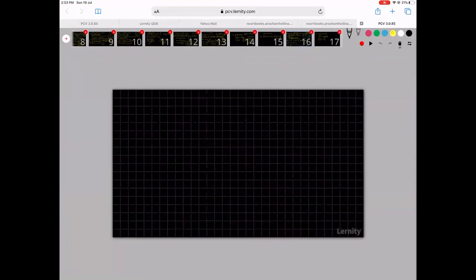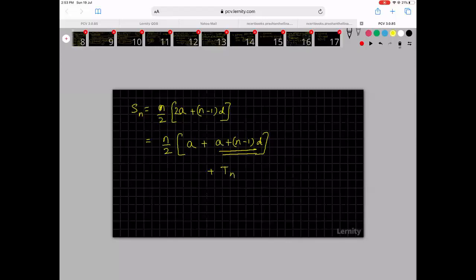I am saying that Sn is equal to n by 2 into 2a plus n minus 1 into d. So I can say it is equal to n by 2 into a plus n minus 1 into d. Now what is this a plus n minus 1 into d? That is equal to the nth term. What is a? T1.